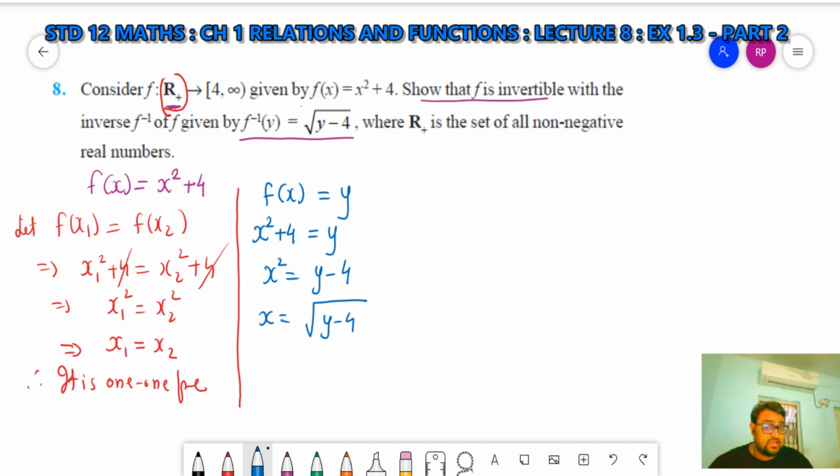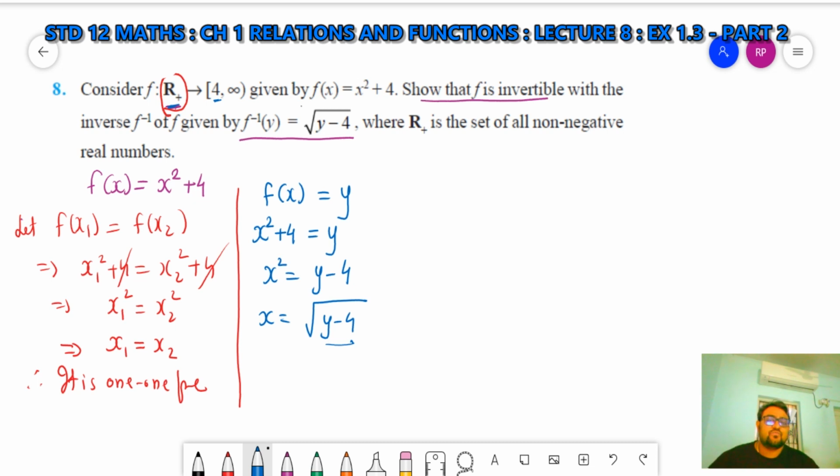Now see here, here also it can be plus or minus, right? But in the range we cannot take any number less than 4. So y minus 4 will be greater than or equal to 0, hence square root is possible. Clear? And the domain x cannot be negative. So it will be only plus square root of y minus 4.